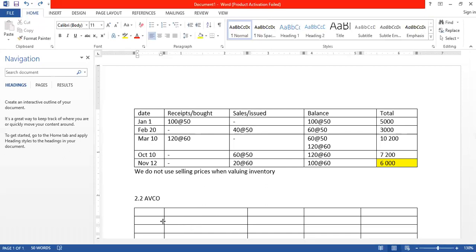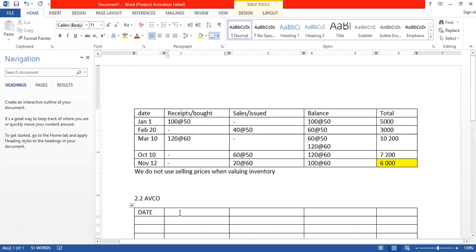Draw the same table. So you have the date, you have the bought, and then you have issued, and then you have balance, and then you have the total.